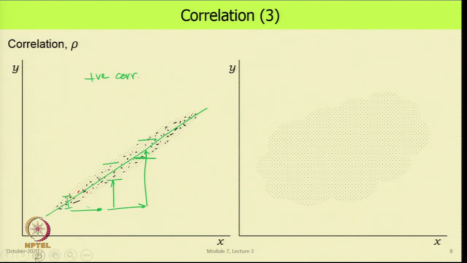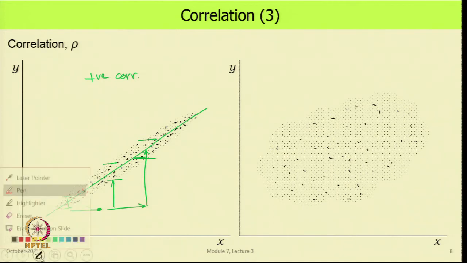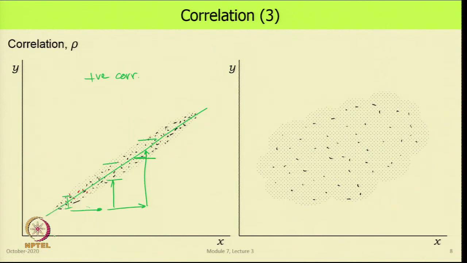Now, let us look at another case, and in many experiments this actually happens. All these dots are the data points, and we ask what is the correlation of x with y. One could argue, but not very convincingly, that they lie on a line like this.